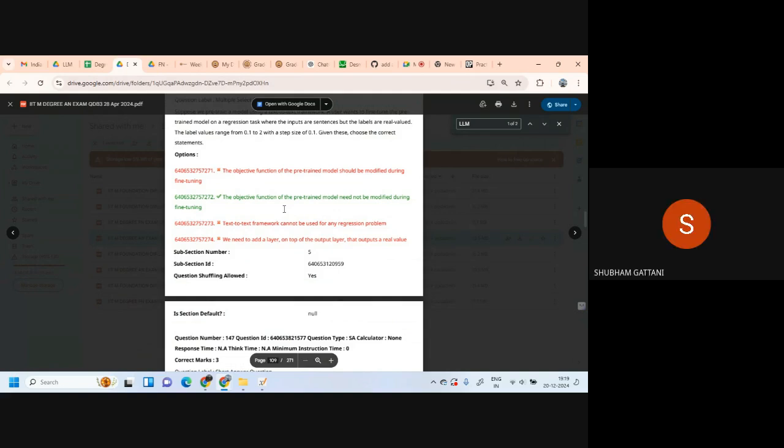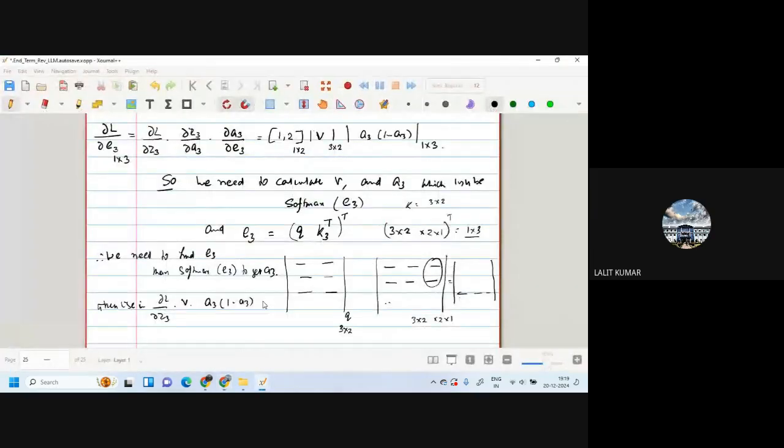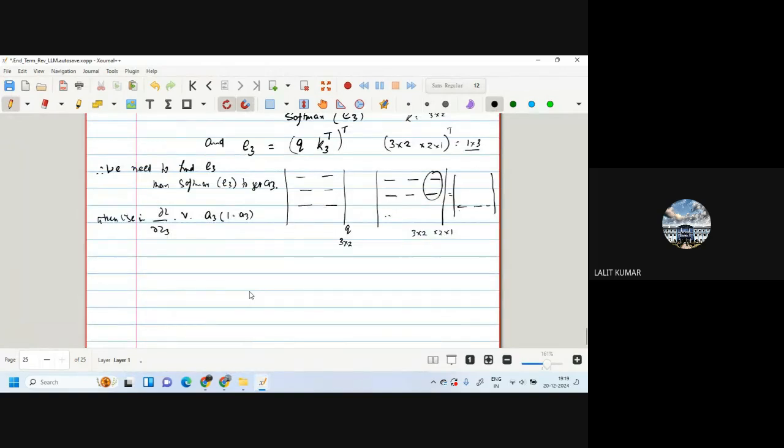If it was written that there is no step size, and it is continuous from 0.1 up to 2.0, then can it be used, or should the objective function then be modified? Remember that this text to text will have a definite vocab size.